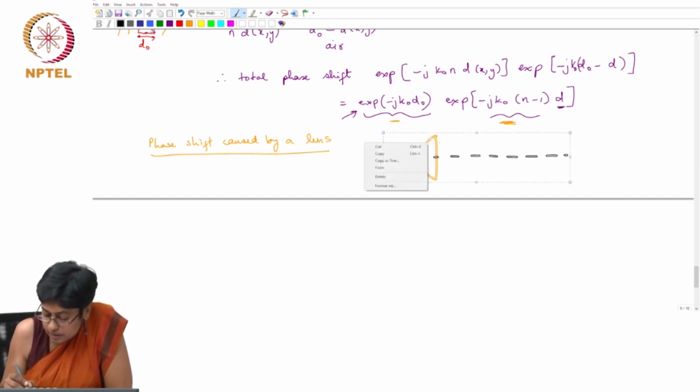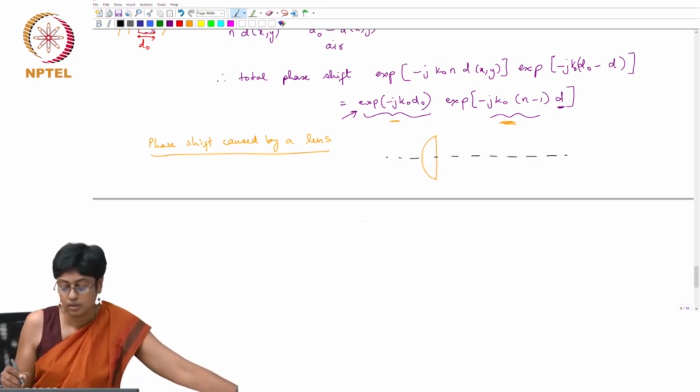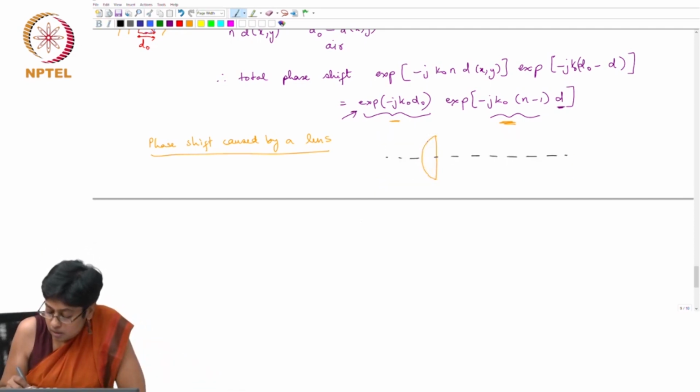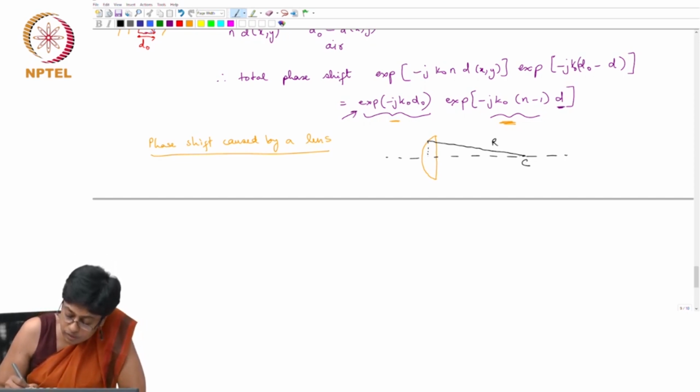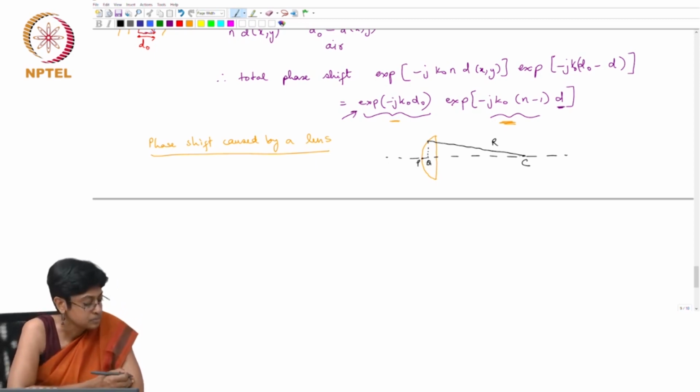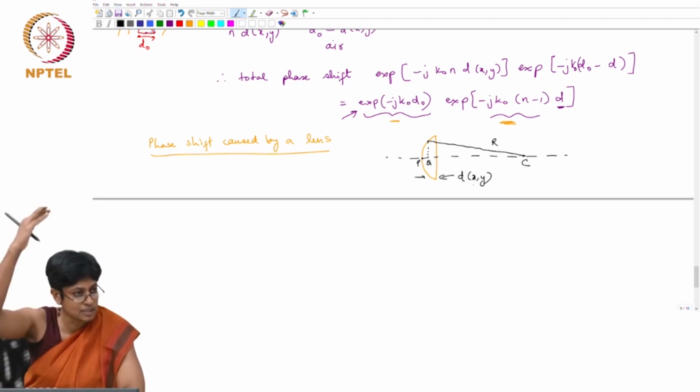So let's say I'm considering this point. This goes out to this, which is the center of curvature. This is the radius. And if we drop a perpendicular to this, I call this point P and this point Q. Now again, I have varying thickness d of xy across this lens.